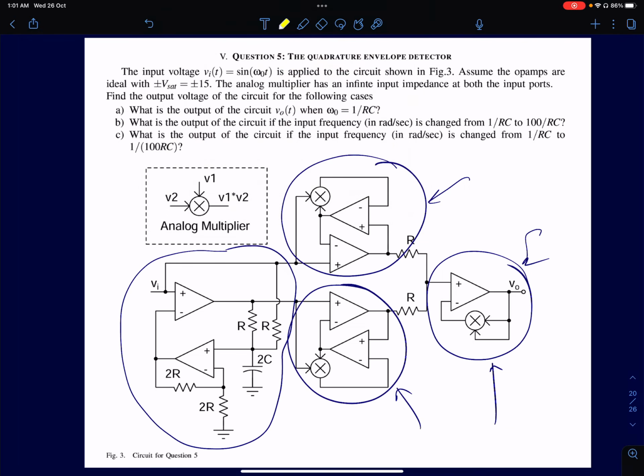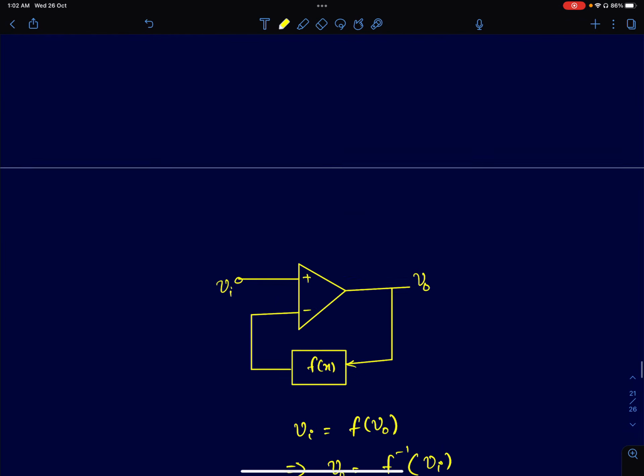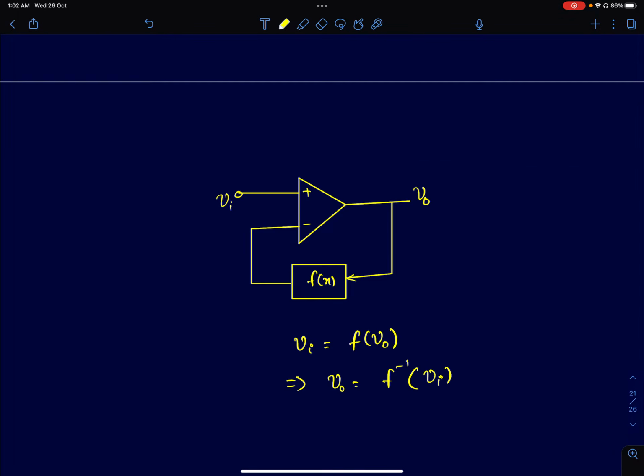So now we'll go ahead and analyze the circuit. Again, I'll start with some very simple examples, equivalent circuits, and then try to give you some intuition and arrive at the final solution. First, this is something that I discussed a long time back in the lecture series on operational amplifiers, basic opamp circuits.